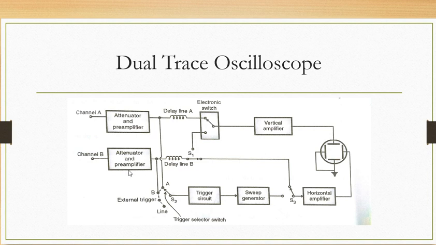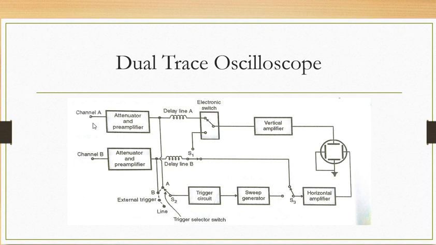So what is the advantage of this? The advantage is that because of this arrangement, it is possible to control the amplitude of each input independently. If you use a common attenuator and preamplifier, you have to adjust the amplitude commonly, but due to this separate arrangement, we can adjust the amplitude independently for channel A and channel B.